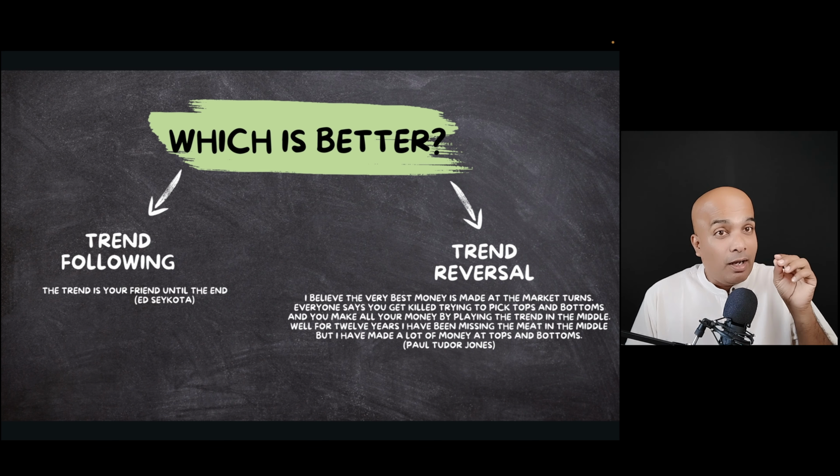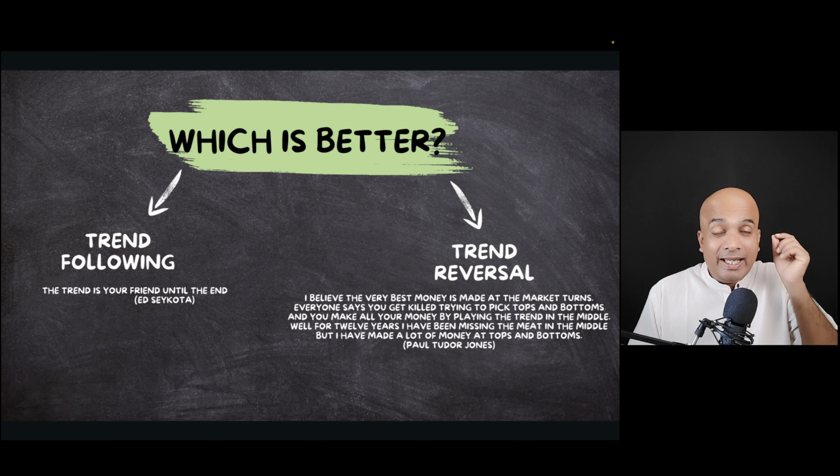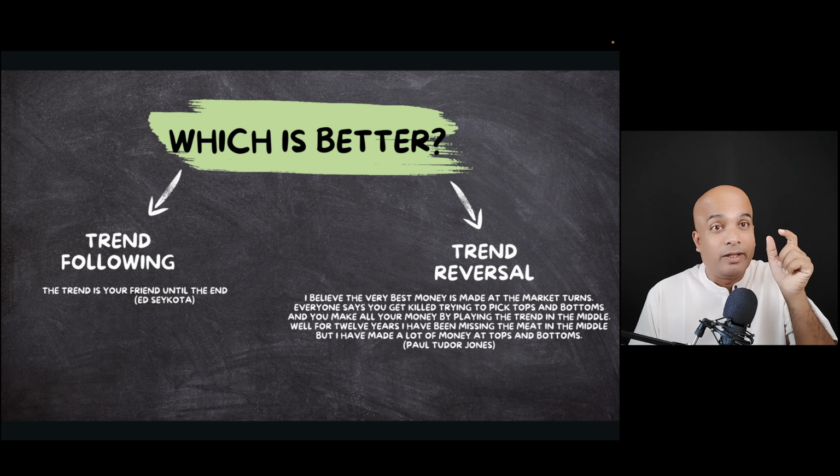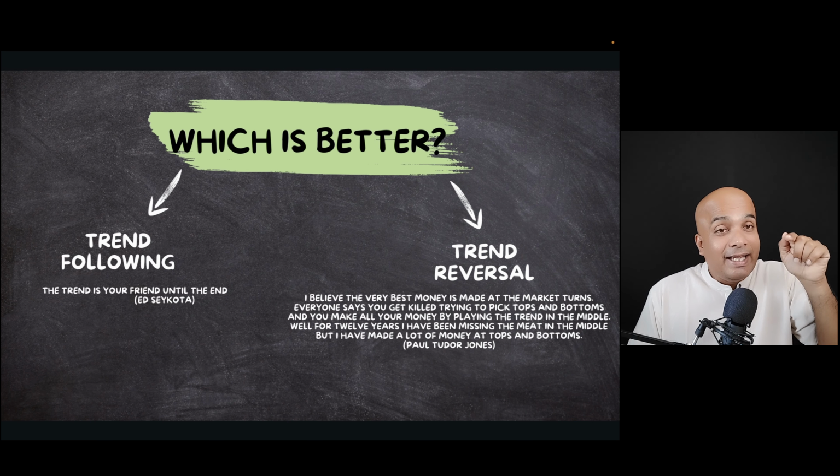But Paul Tudor Jones also says one thing in the Market Wizards book. Many people say Paul Tudor Jones catches the tops and bottoms successfully, but he insists on adding one word. He says he successfully catches the tops and bottoms in his 8th or 9th attempt.